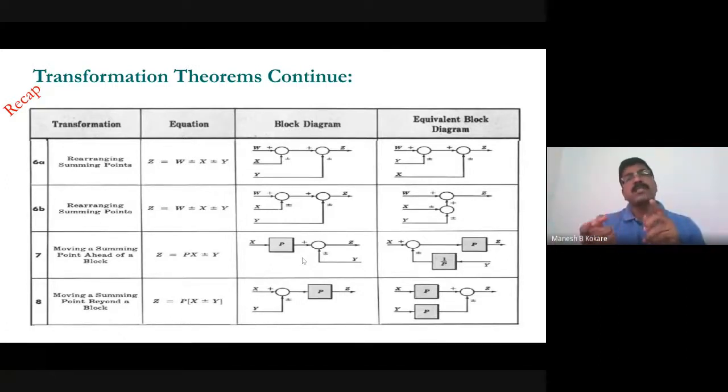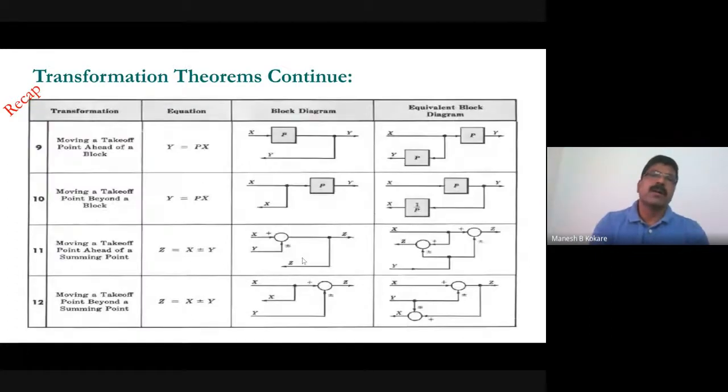Also, another rule is moving a takeoff point ahead of the block or beyond the block. So the moving summing point and takeoff point rules are exactly opposite to each other, right? See that here, when you are shifting this takeoff point ahead of the block, at that time you have to multiply another signal by P.